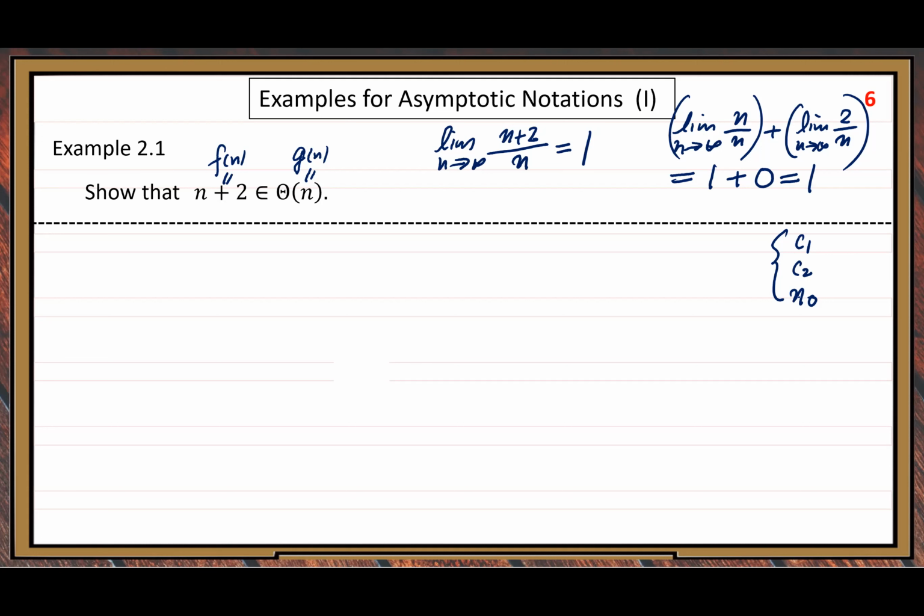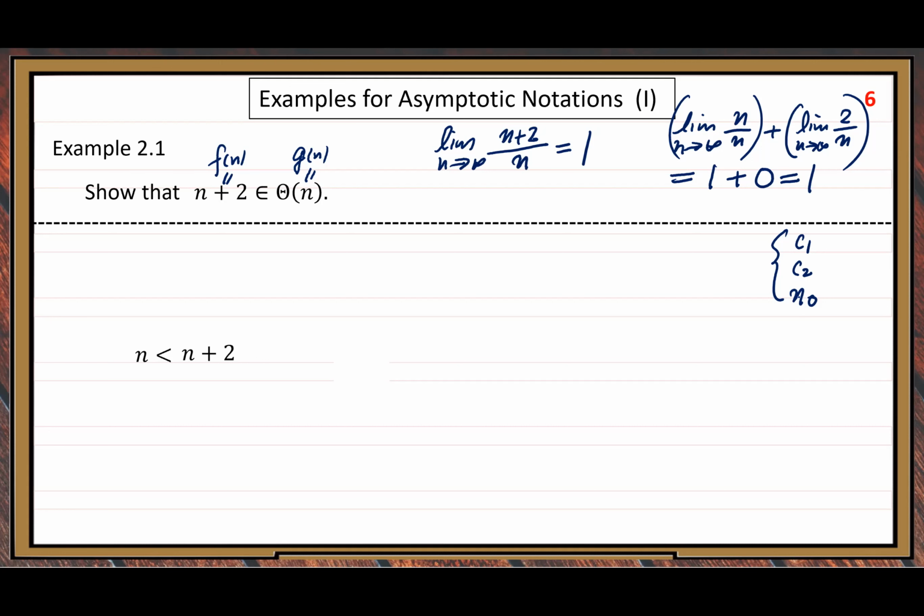So for the definition, because this is the f function n plus 2, now I need to find a lower bound and an upper bound. The lower bound is a constant multiple of n, and the upper bound is another constant multiple of n. Two different constant multiples of n. So let's work on the lower bound first.